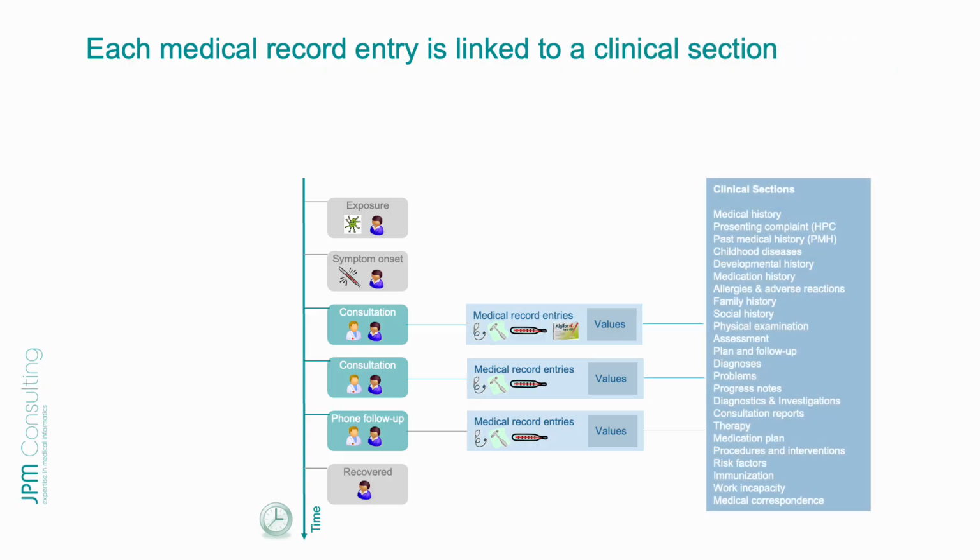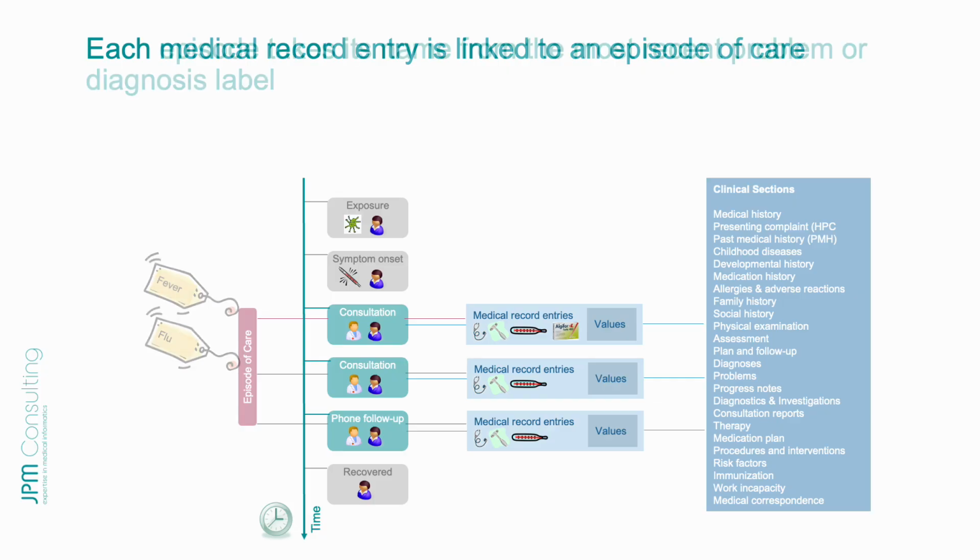Each medical record entry is also linked to a clinical section. Each medical record entry is also linked to an episode of care. Each episode of care takes its name from the most recent problem description or diagnosis label.